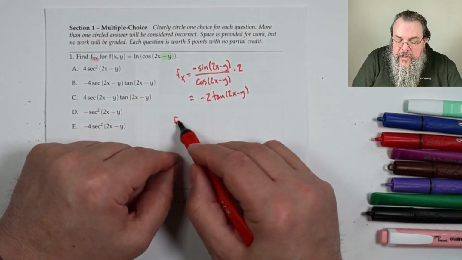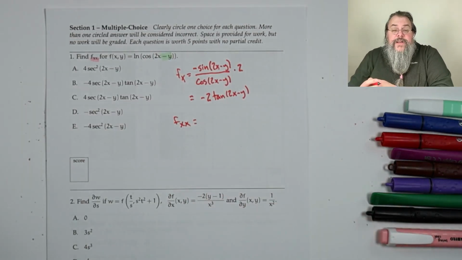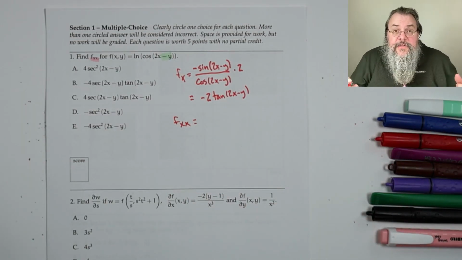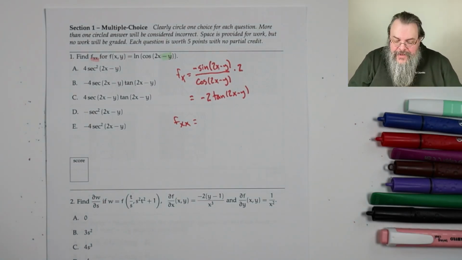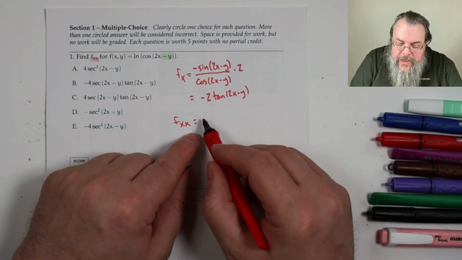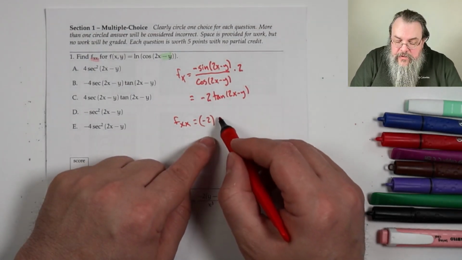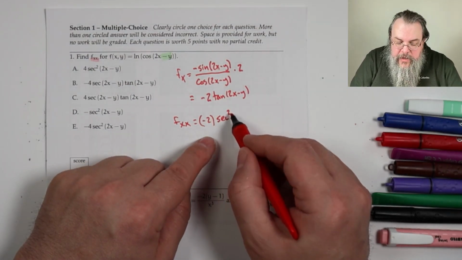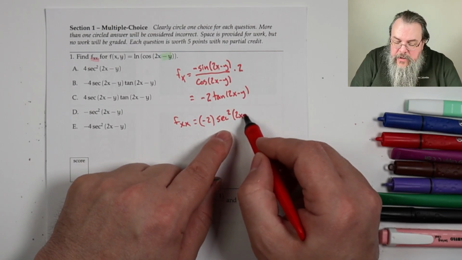So now we're ready. f sub xx says take the first derivative with respect to x and do the derivative again. You know, the idea is so nice, we'll do it twice. All right, well, negative 2 comes down for the ride. Derivative of tangent, secant squared. And leave the inside alone.